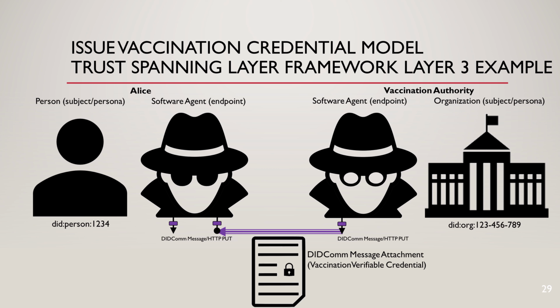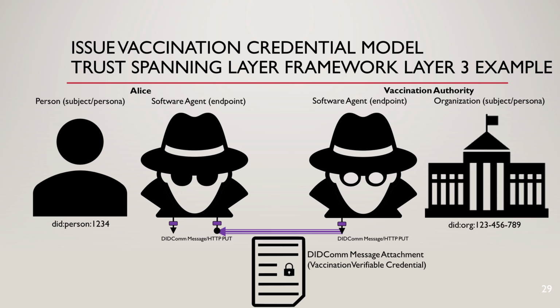They're represented by the institution or the organization on the right, and they're sending a DIDComm credential, the vaccination encoded as a verifiable credential, to the software agent, to Alice in this case, who's acting as a holder. And almost one-to-one with the previous example of issuing a purchase order, we've just changed the nature of the verifiable credential and the nature of the two parties that are involved.